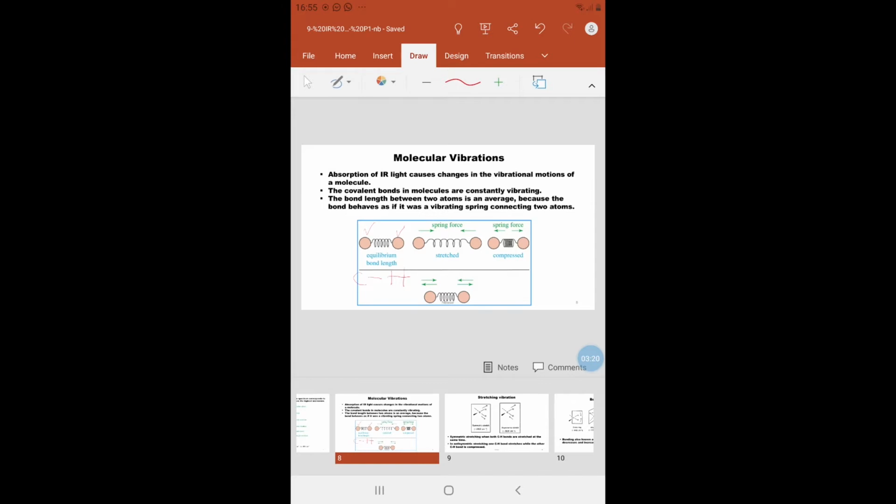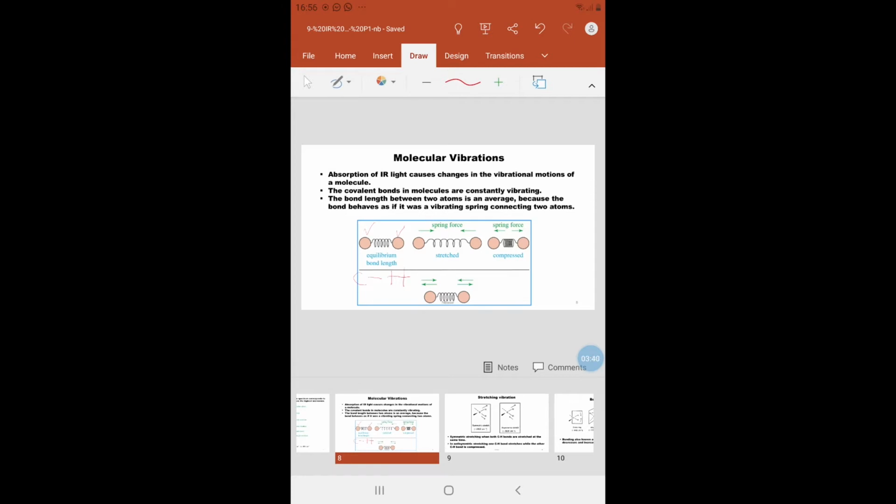There must be a vibration. And again, if you compress these two atoms and then release, there is also a vibration. So the covalent bonds in a molecule are constantly vibrating.